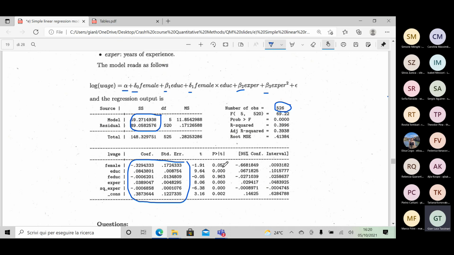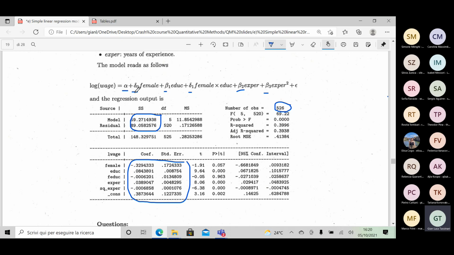So you accept the null, that is, that this parameter is not significant. So at the usual significance levels, even if it's close to 5%, the rejection is not strong, and in this case you can accept H0, that is, the coefficient associated to female is not relevant.